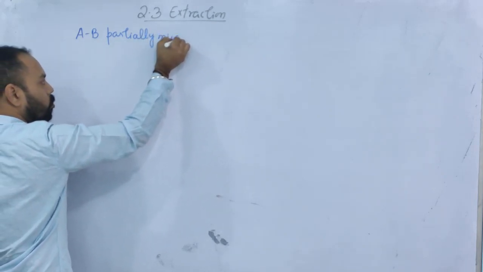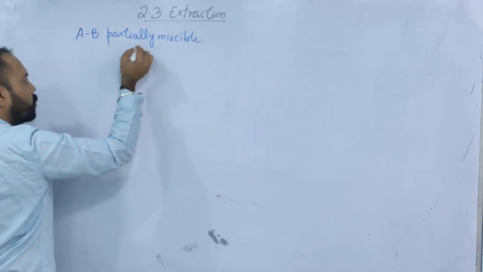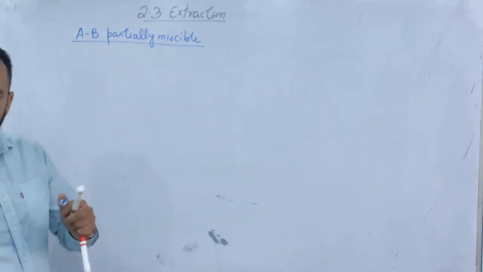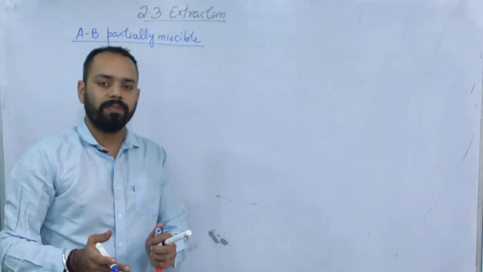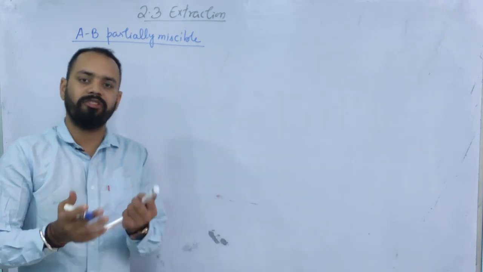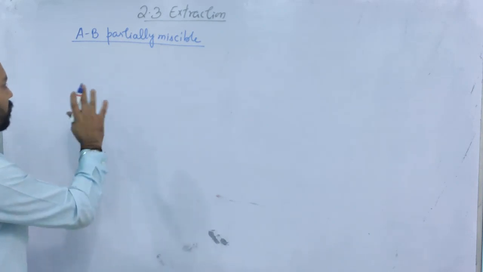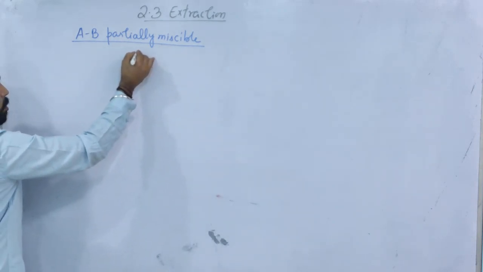So if you have gone through the previous lecture, I told you that there is one type of mixture where A and B are partially miscible. So the raffinate as well as extract, both of them are going to contain all the three components, right?